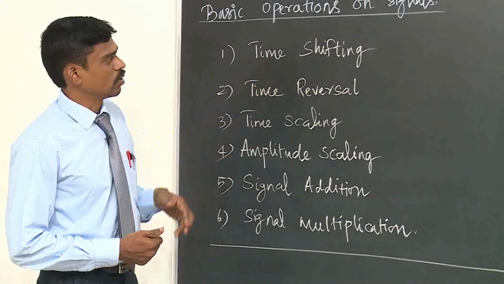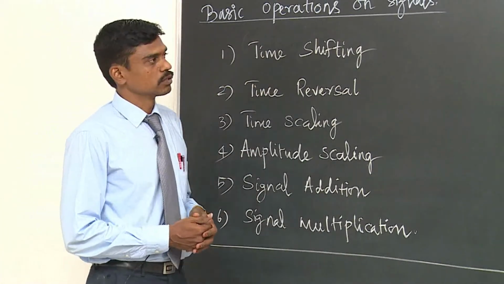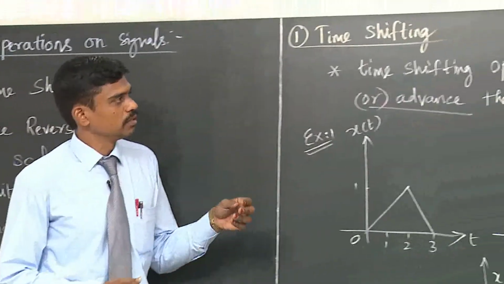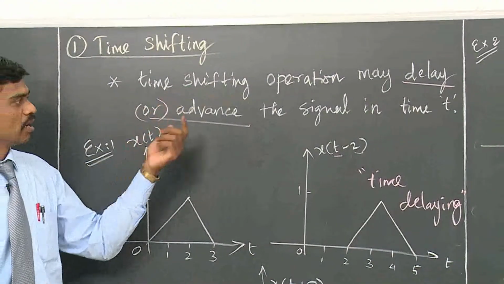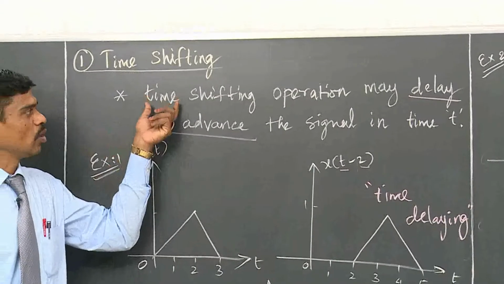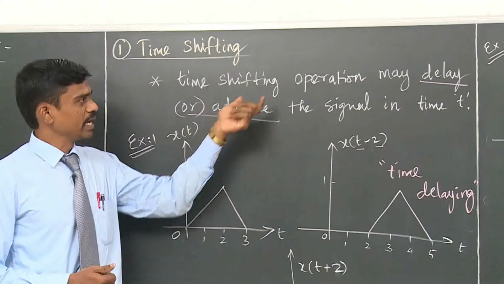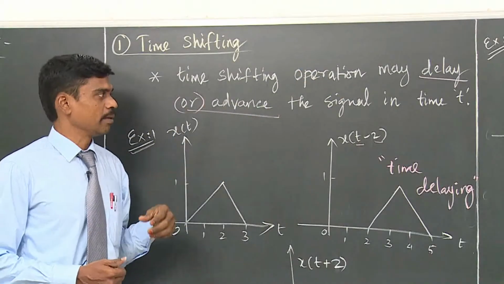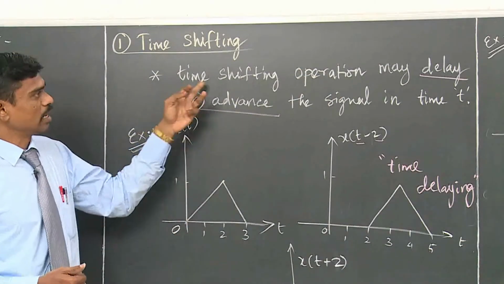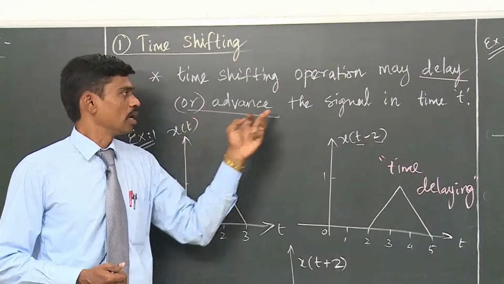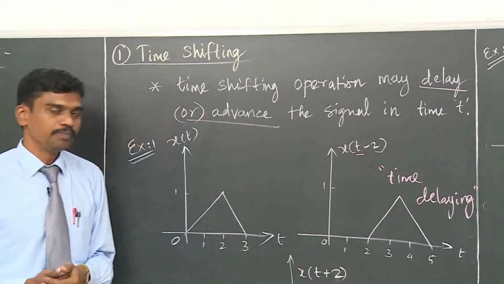First we will see what time shifting is. Shifting means we can either delay the signal or advance the signal. This is the operation we can do with respect to time. The time shifting operation may delay or advance the signal in time.